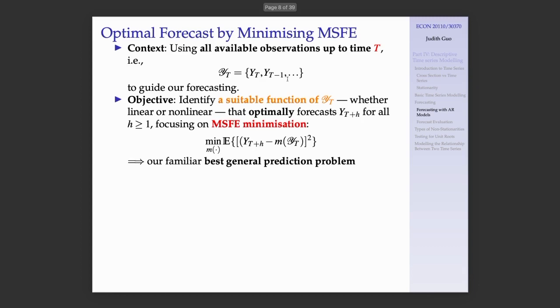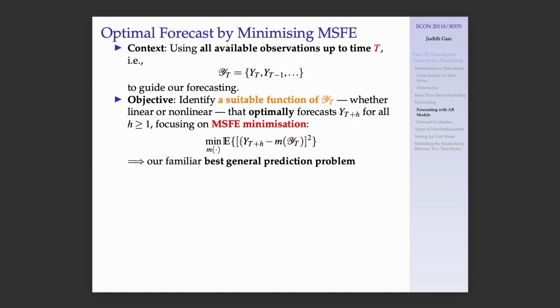Given that, we want to find a suitable function, the best functional form of all past history up to time T, regardless of it being linear or non-linear, that optimally forecasts the future in the sense of minimizing the MSFE, okay? We're minimizing the error, which is given by the future value, Y T plus H, subtracted by the forecast based on the history.